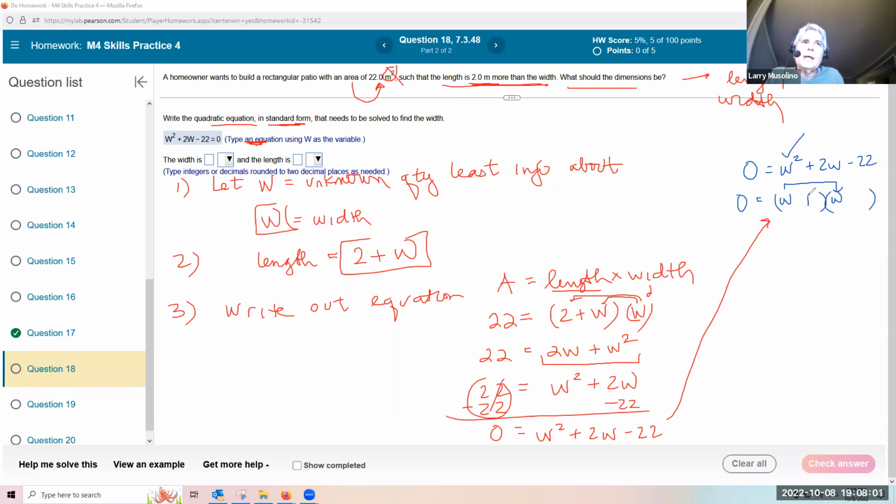And back here in these blue boxes, I need two numbers to multiply to negative 22. If they're going to multiply to negative 22, one number has to be positive, the other number has to be negative. So I'm going to try plus 11 minus 2. Let's see if that works.